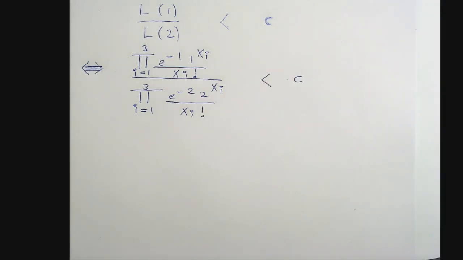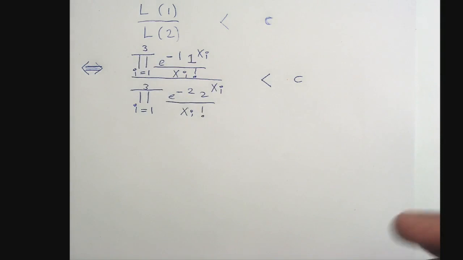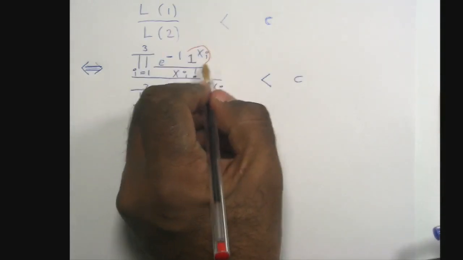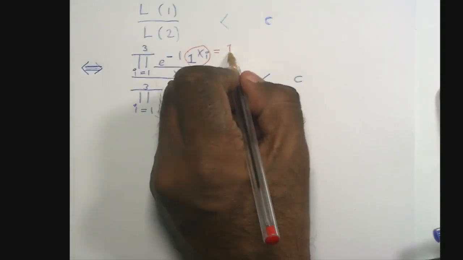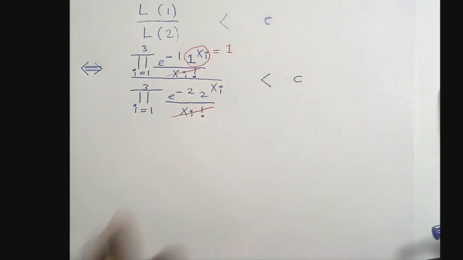Right? Now, this is 1. If you power 1 to anything, that is equal to 1, and this term here will cancel out with this term. So what you have is this.